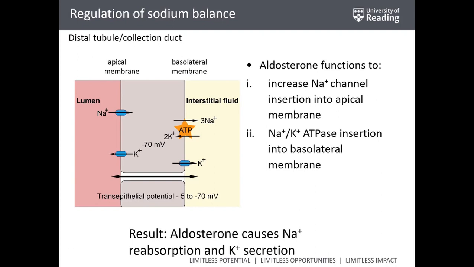So aldosterone causes sodium reabsorption and potassium secretion in the distal tubule and the collecting duct.